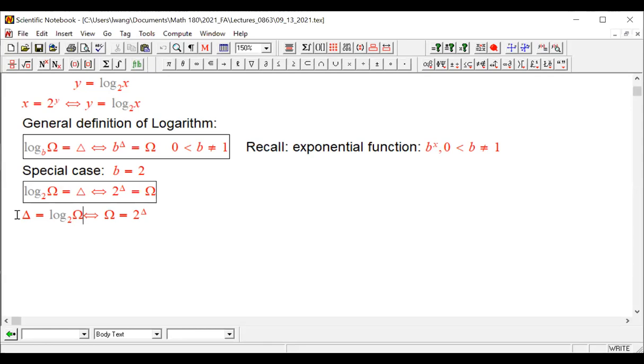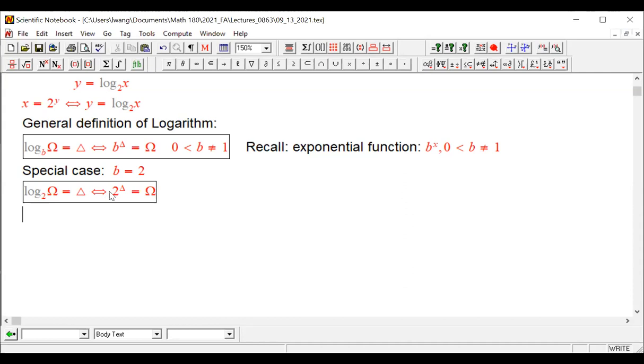We're going to come back to the inverse function perspective after we review logarithm. Since this box is the same as this one, I'm just going to remove this one. Next, what does it mean?